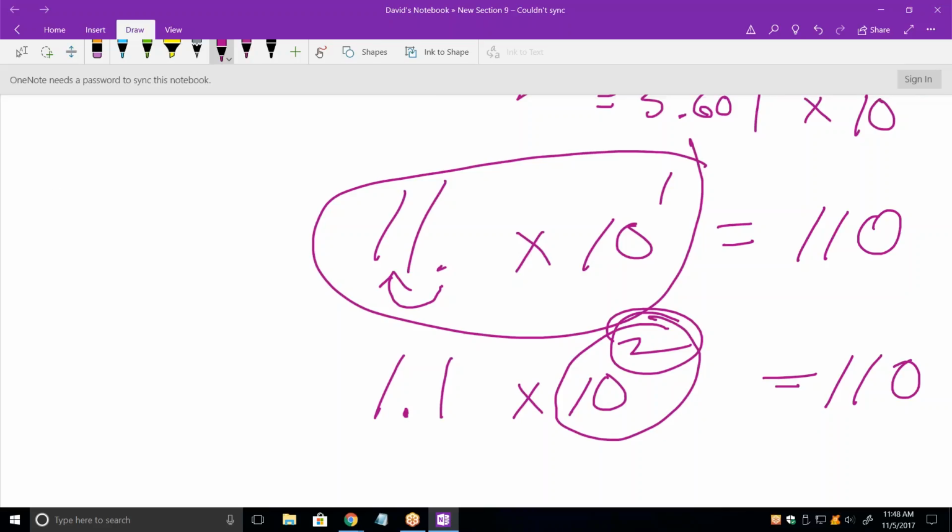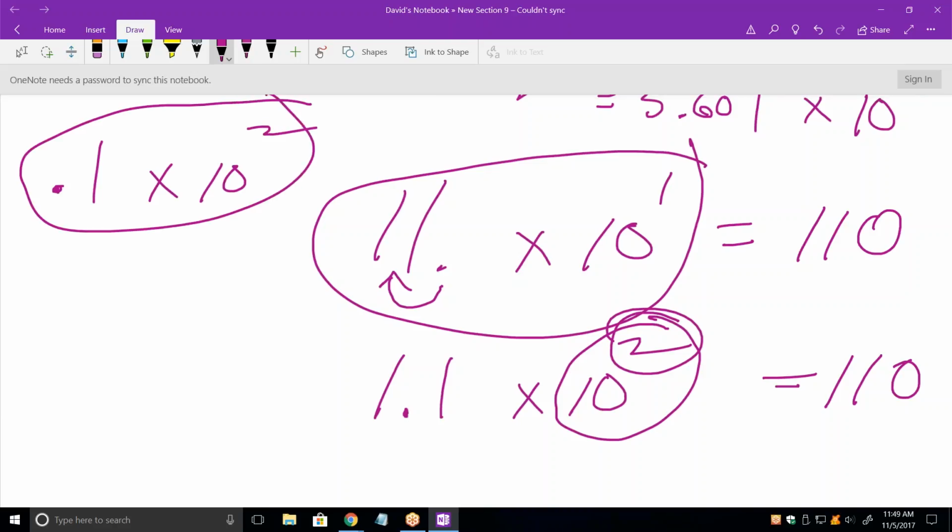If I had 0.1 times 10 squared, and I wanted to put that in scientific notation, I'd have to move my decimal point that way. So it would be 1 times 10 to the first. I would take away. So it depends on whether you have to move your decimal point to the left or to the right as to whether you add or subtract.